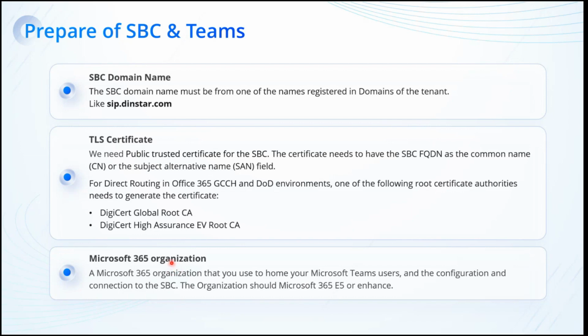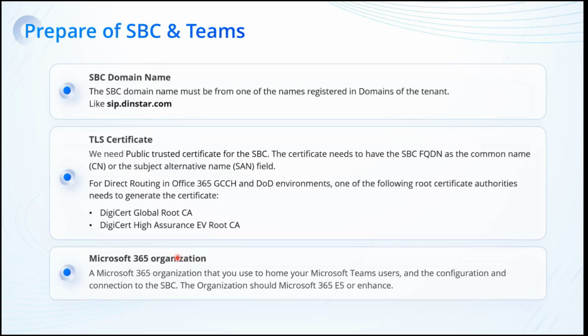And of course, you have to get the Microsoft 365 organization. And here, the organization is a quite unique and very critical step. If you want to use Microsoft Teams with a PBX or even on your own, you have to make sure you have subscribed to the Microsoft Teams service and created the Microsoft organization.